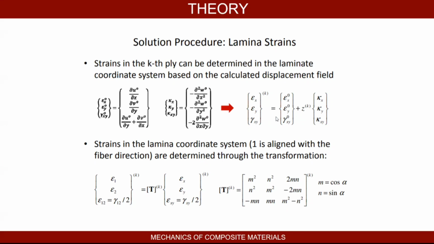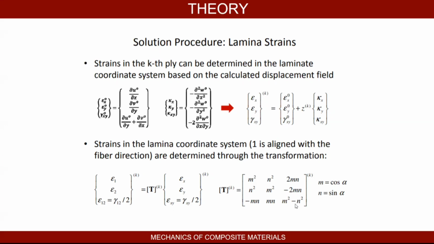That's done. So we already calculated our midplane strains plus Z, depending on if you're going up from the midplane or down from the midplane, the top or bottom of your ply, times your curvature. So that will return the per ply strains in the global coordinate system, but we want it in the local or lamina coordinate system.